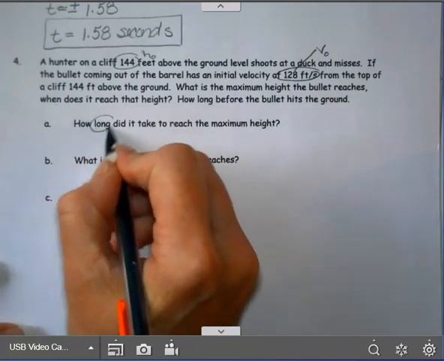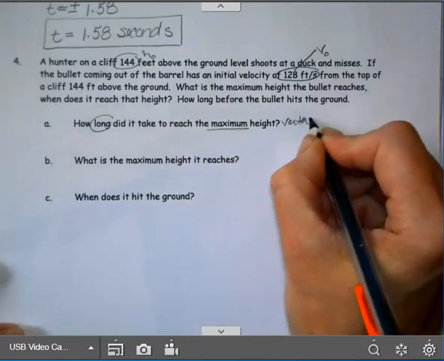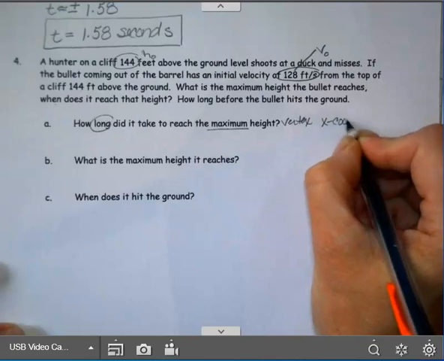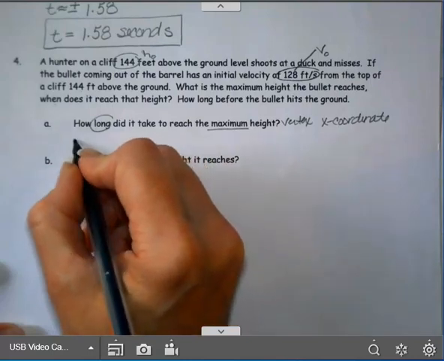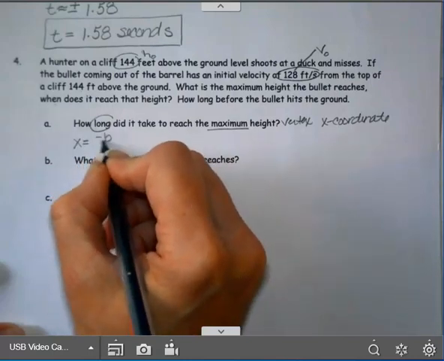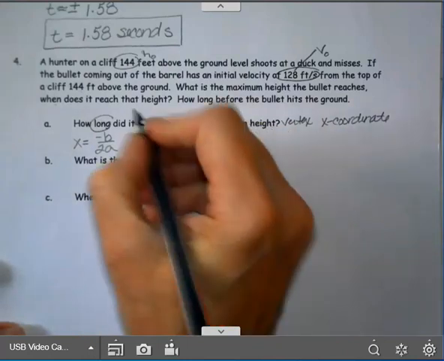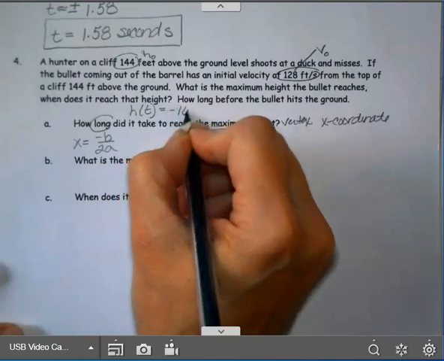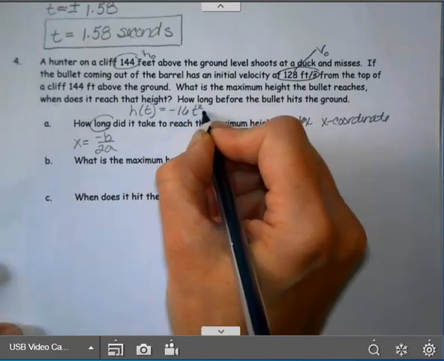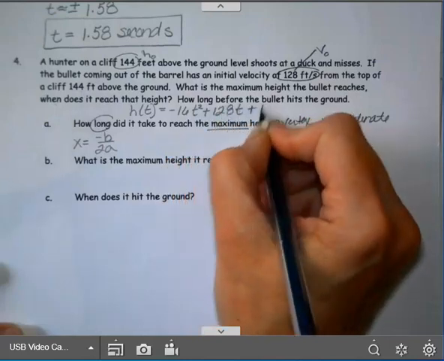How long did it take to reach the maximum? So that's the vertex x-coordinate. So to do that, I'll use x equals negative b over 2a. And remember, instead of using x this time, we're using t for time. In fact, let's go ahead and write our equation up here. So h of t is equal to negative 16t squared plus our initial velocity is 128 times t plus our initial height, which is 144.